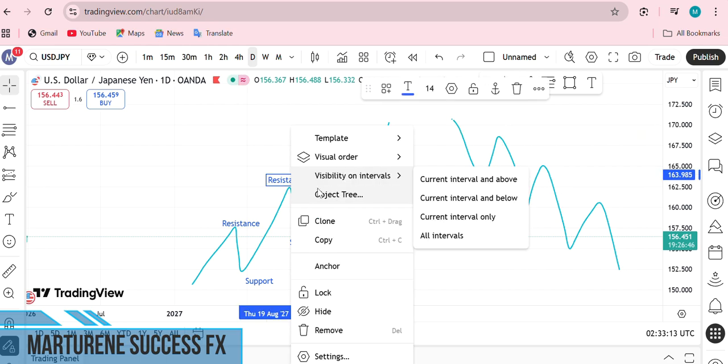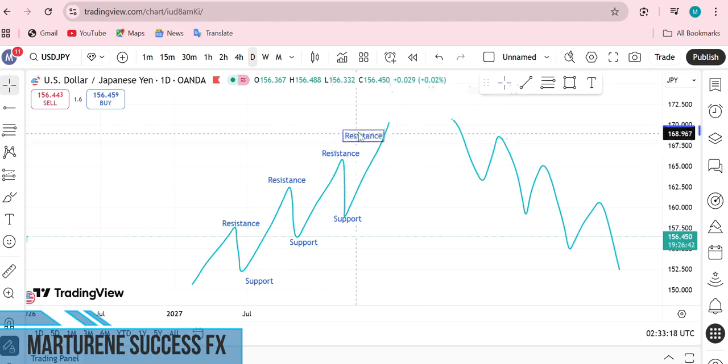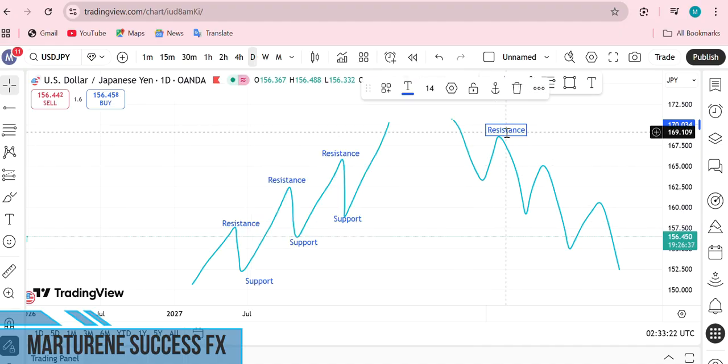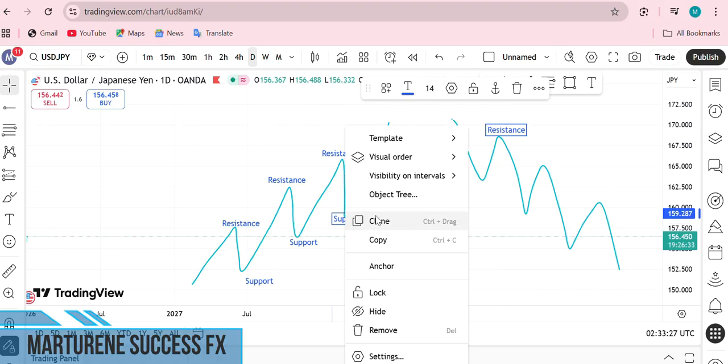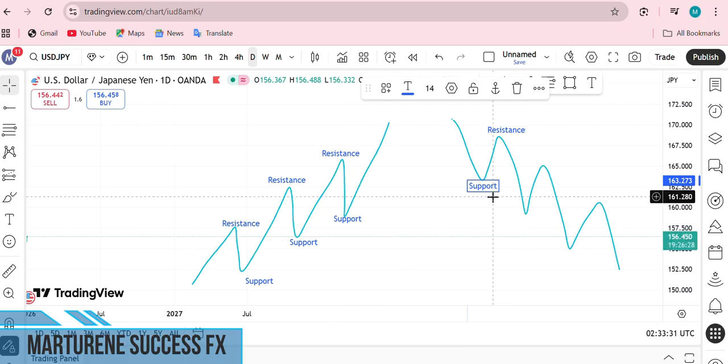The same concept applies: the highest point up is what we call resistance, and the lowest point down is what we call support.